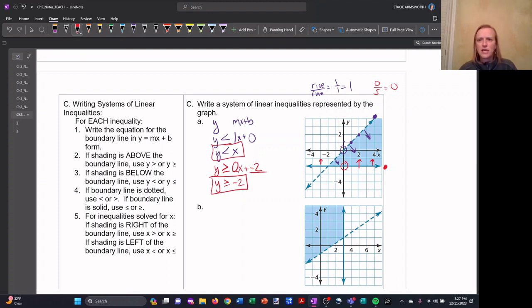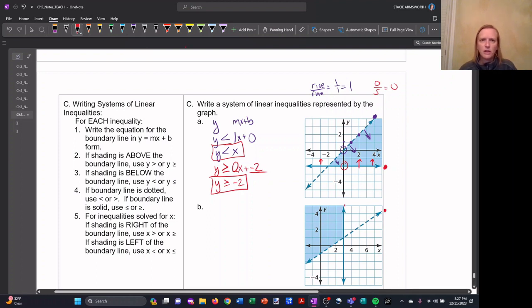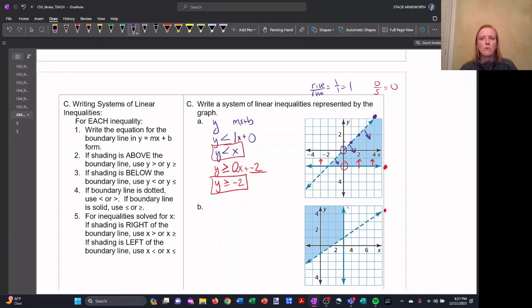Looking at graph B, once again, I can think of the red inequality and the purple inequality. And so let's come up with equations for those. For my red inequality, I'm going to set this up in slope intercept form, y equals mx plus b here. In this case, I am shading above the line and my line is dotted.